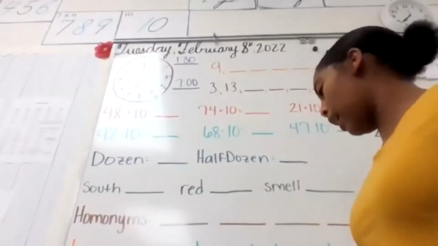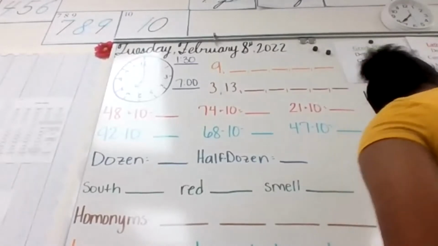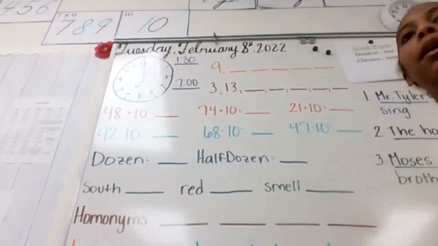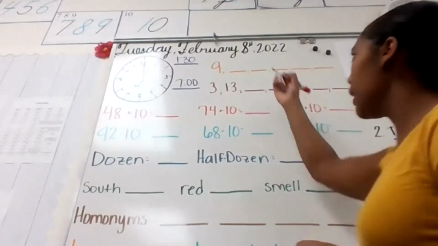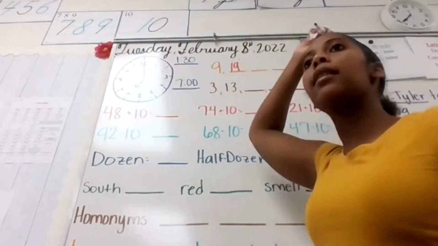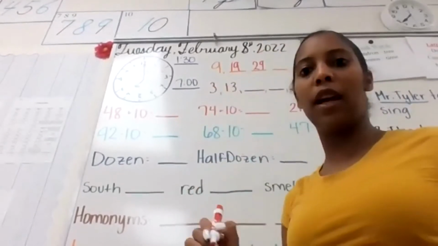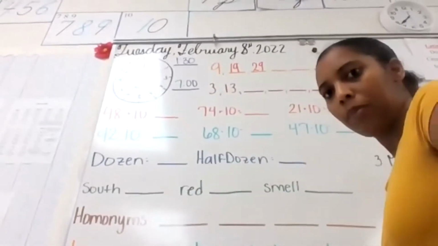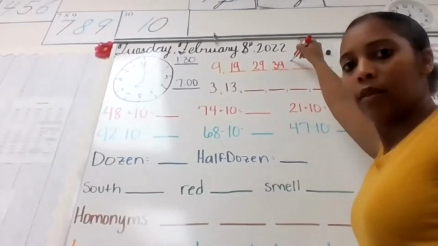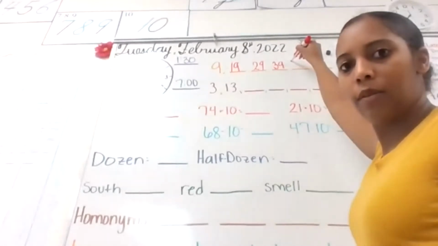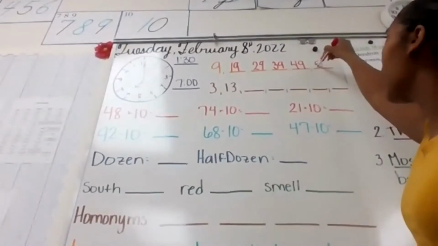Okay, so 9. I want to count by tens with 9. Where am I going from 9? 19. 9, 19, 29. Okay, 29. Where am I going from there, Avaya? 39. Okay, Dennis? 49. And then after 49? 59.